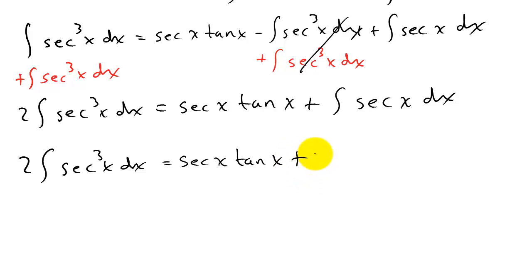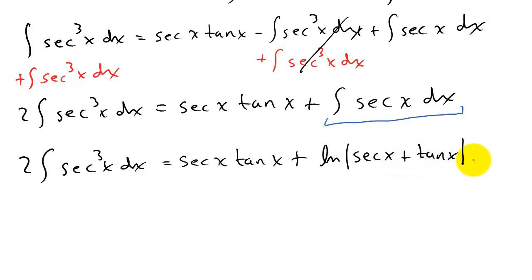plus, now for this part right here we have an integration rule. Okay, and so that is going to be the natural log, the absolute value of secant x plus tangent x, plus c.